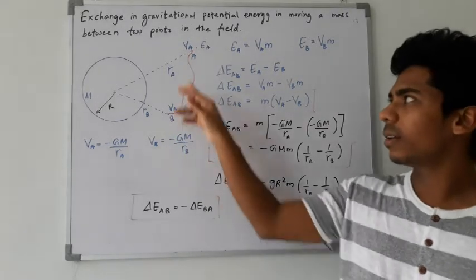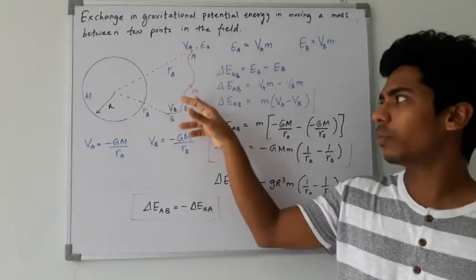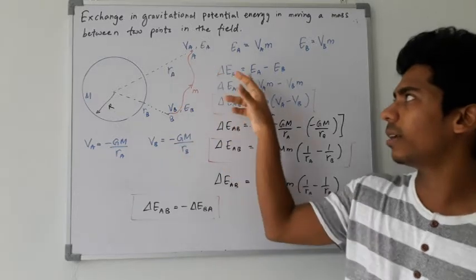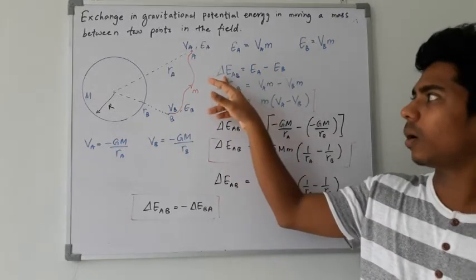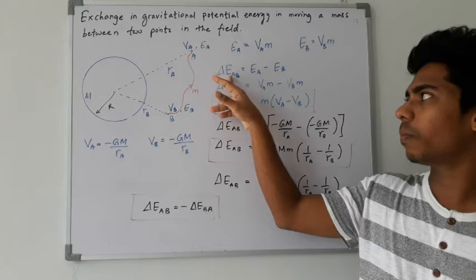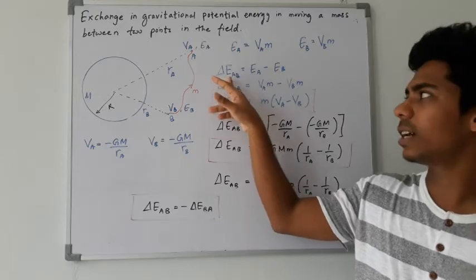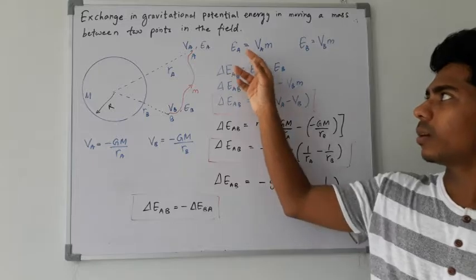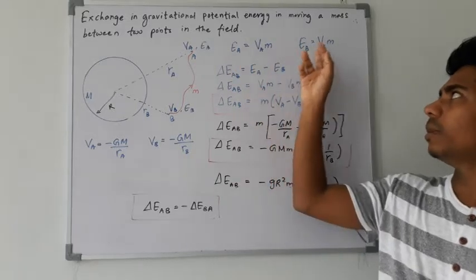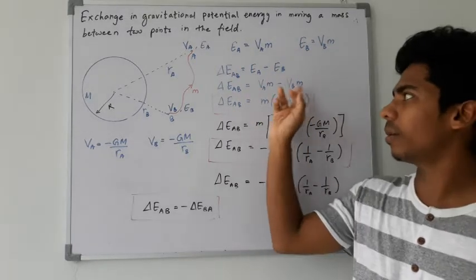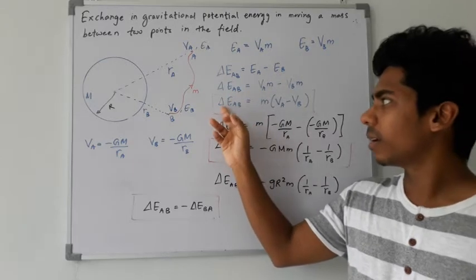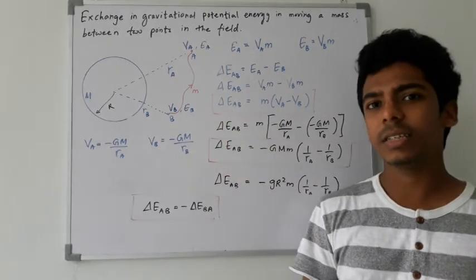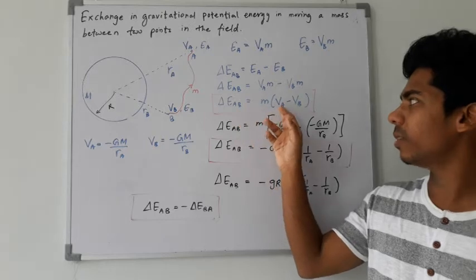So I can write the change in energy when moving this mass from B to A, that is EA minus EB, or the energy at A relative to B. So I can write EA is equal to VA times m and EB is equal to VB times m. I can substitute that and I get delta EAB, the change in energy, is equal to mass times (VA minus VB).